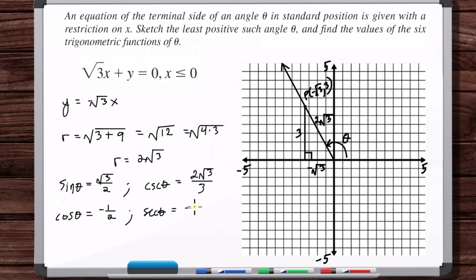Yeah, we can just flip this, minus 2. Okay, tangent theta is opposite over adjacent, so minus 3 over root 3. So multiplying that times root 3 over root 3, you've got minus 3 root 3 over 3, so it's minus root 3.